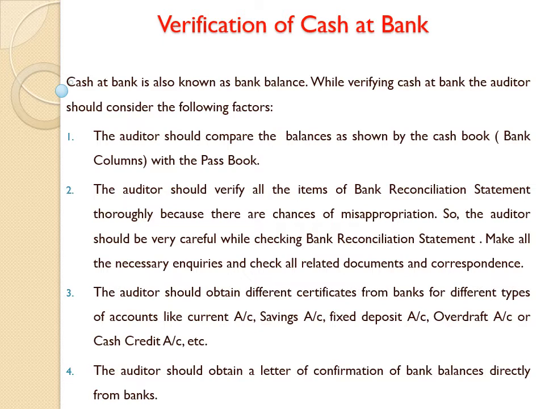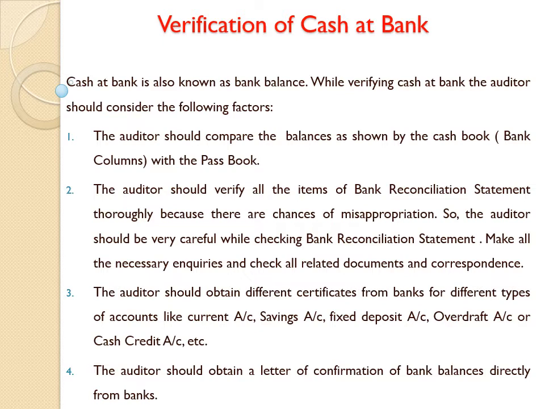In verification as well as in vouching, we see that while vouching or verifying a particular asset or liability, certain points should be noted by the auditor. In case of cash at bank, the auditor should consider the following points or factors.